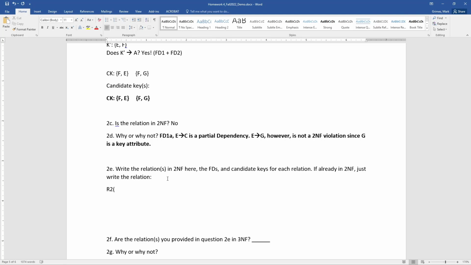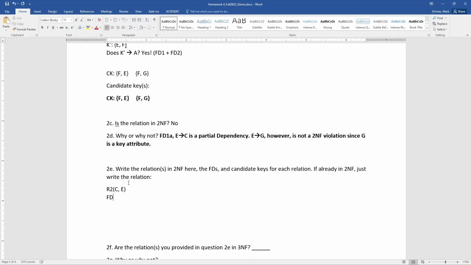So we're creating this new relation, relation 2, with these attributes from the problematic functional dependency, C and E, and the functional dependency of E functionally determines C. Our candidate key for this relation is going to be E. And then for relation 1, we're going to have the attributes A, B, C, D, E, F, and G, minus the one we've moved out to the other relation. Note again that when we created this relation, we left the determinant E behind, and so E in the original relation 1 is now a foreign key that refers to this candidate key in the new relation.